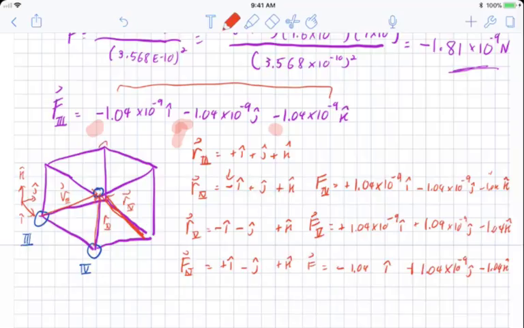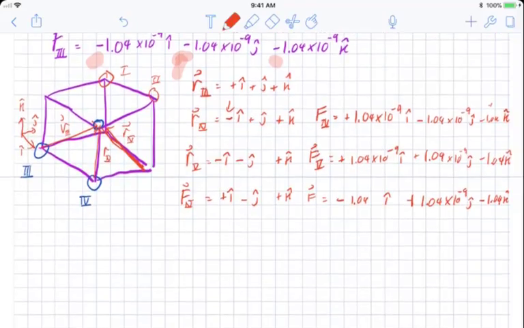What about these ones on the top? 1 and 2. Well, let's see. That first one, it's going to move along the I hat direction, so positive I hat. It's going to move in the opposite direction of the J hat direction, minus J hat, and it's going to move in the negative K hat because it's going down. So when I switch the signs, I'm going to have to switch the signs of that one and that one.